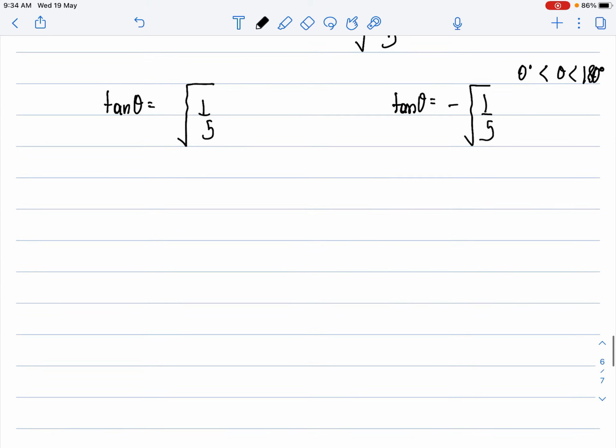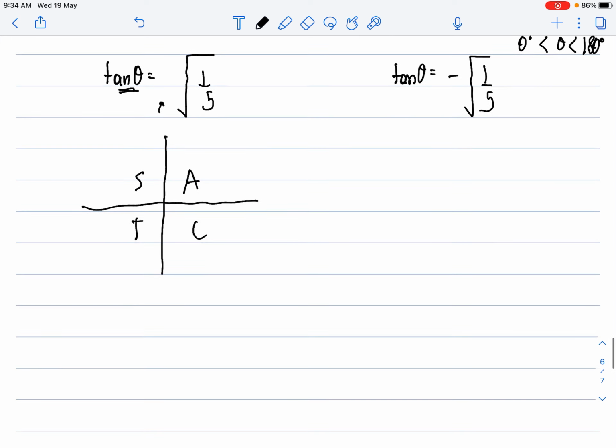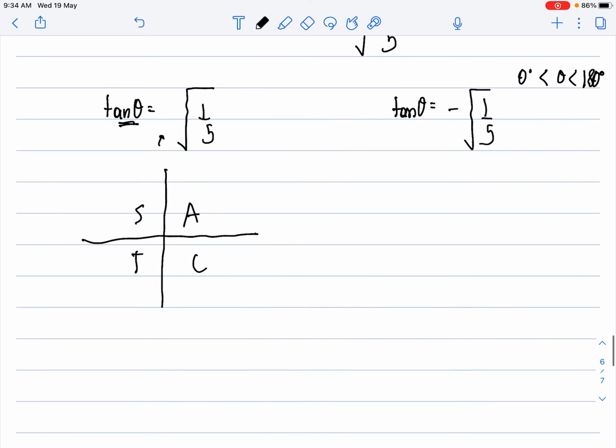So now I need my tan theta to be positive here, correct? So I can make my ASTC curve. Remember AS levels? Now I know tan is positive in the first quadrant and the third quadrant. But the third quadrant comes after 180 degrees, so the third quadrant won't be possible.